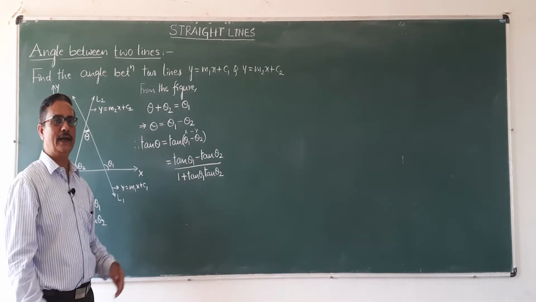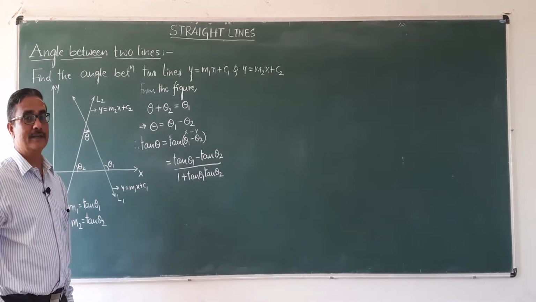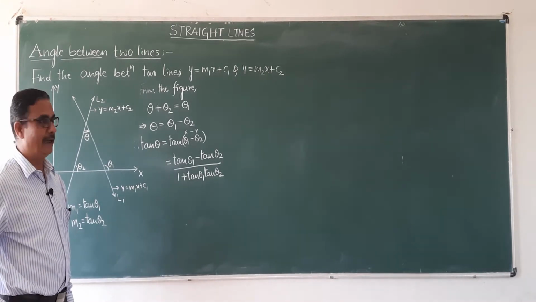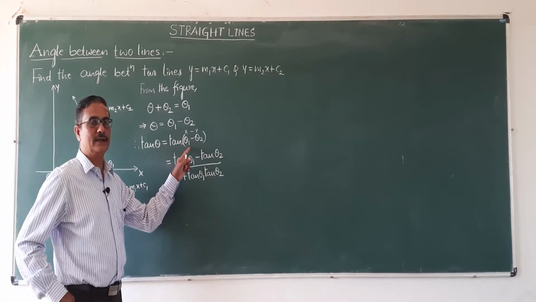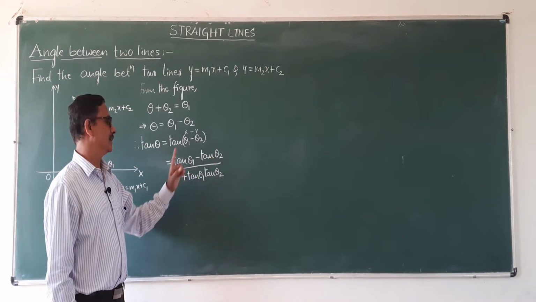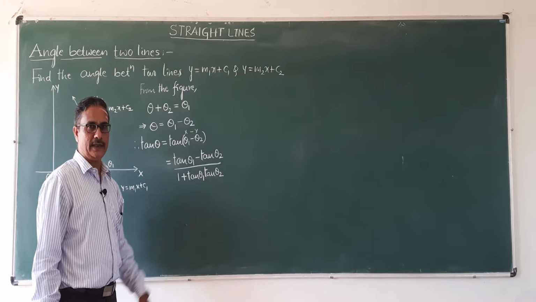By using the compound angle formula, tan of a minus b is equal to tan a minus tan b divided by 1 plus tan a into tan b. Correct? So instead of a and b, here theta 1 minus theta 2 gives tan theta 1 minus tan theta 2 divided by 1 plus tan theta 1 into tan theta 2.